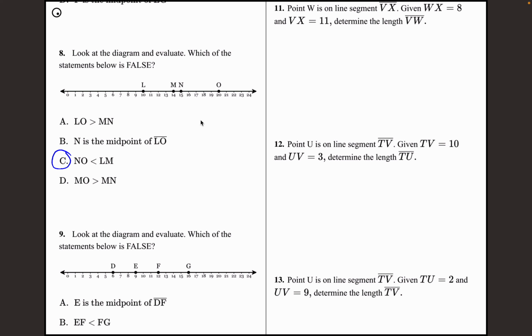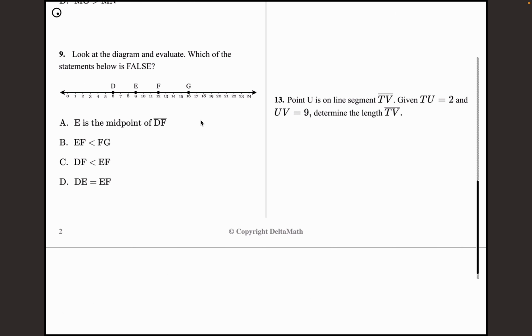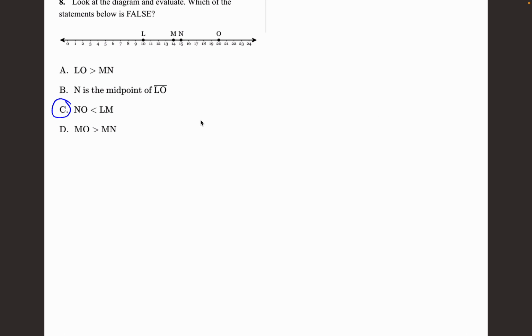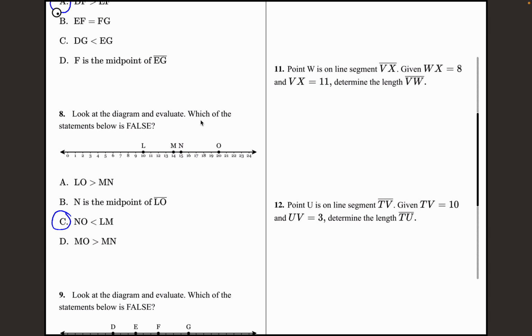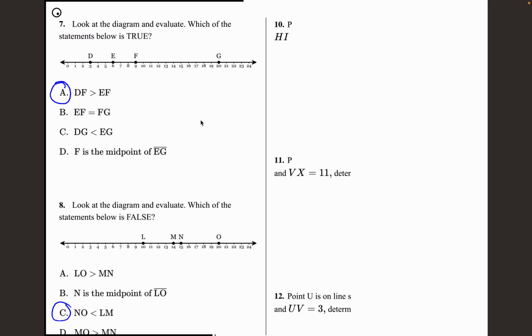Okay, 9. If we look at 9, which one of the following is false? Which one is this going to be? Yeah, Chainley. Perfect. E is not the midpoint there. Sorry, this tablet does not want to work for my fingers.